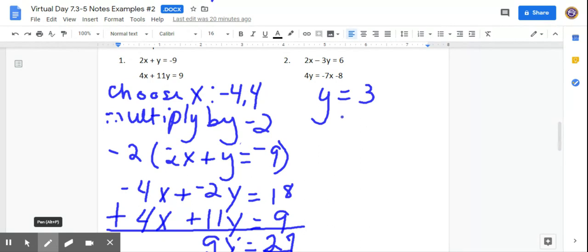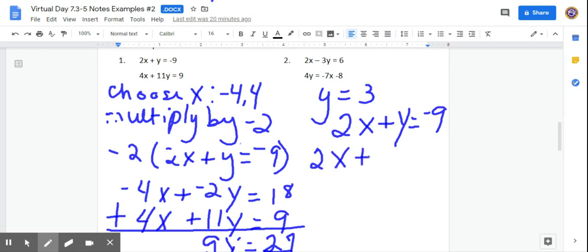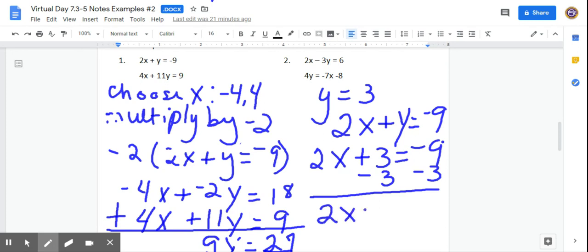We choose an equation, equals negative 9. And again, it doesn't matter which one you choose, and you substitute. 2x plus 3 equals negative 9. Subtract 3, and 2x equals negative 12.